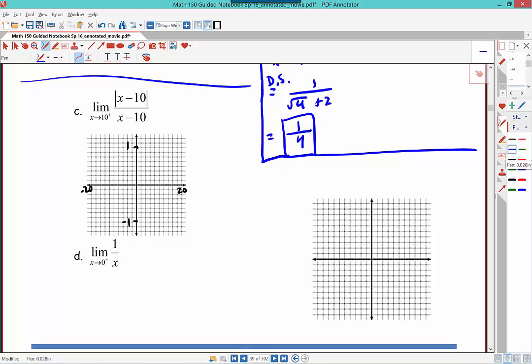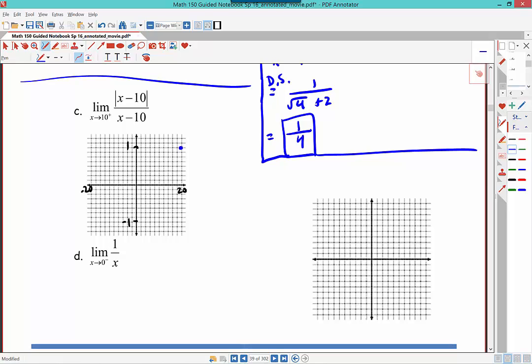And if you take a look, let's just go ahead and plug in 20. So when x is 20, you would get 20 minus 10 in the numerator. In an absolute value would be absolute 10, and absolute 10 is 10. And you'd get 20 minus 10, which is 10 in the denominator. So you'd get a +1.